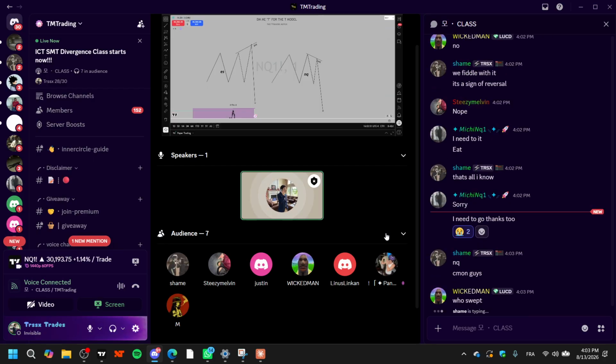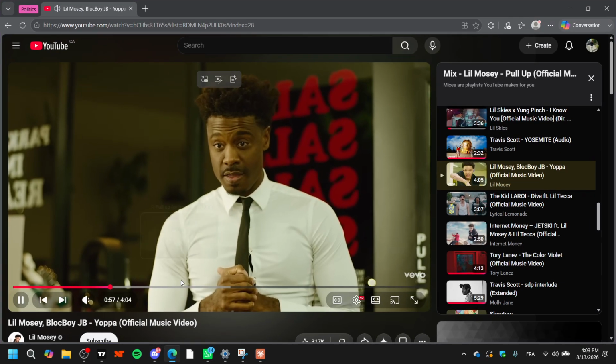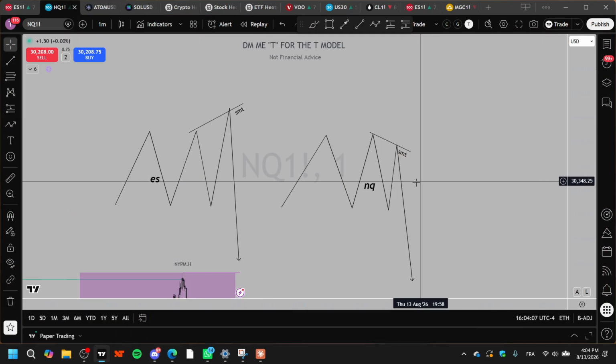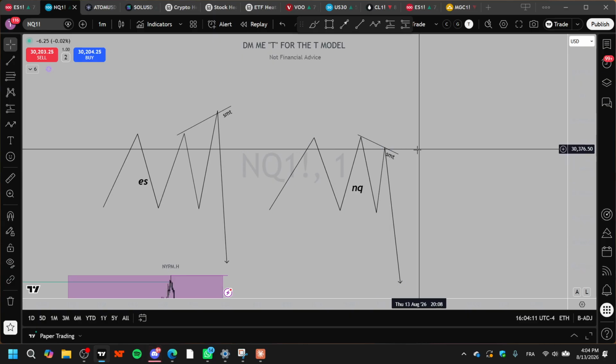Who swept? No, it will be the one that hasn't swept. So NQ will be pretty much the one that you trade on, because it's the one that's lacking, aka the strongest asset right here. So you would take a trade on this.